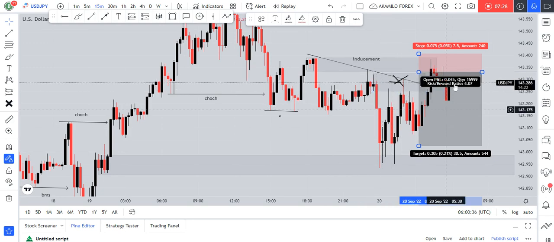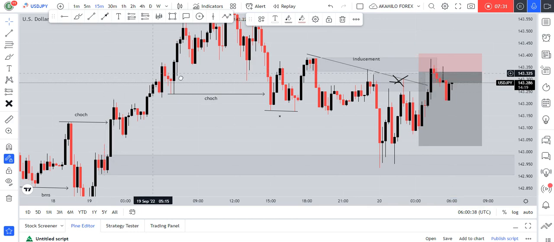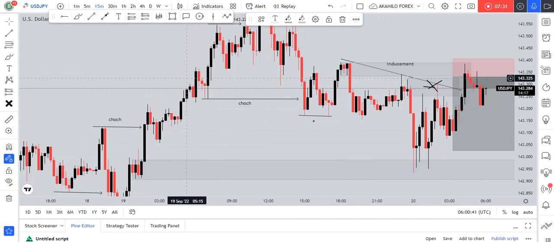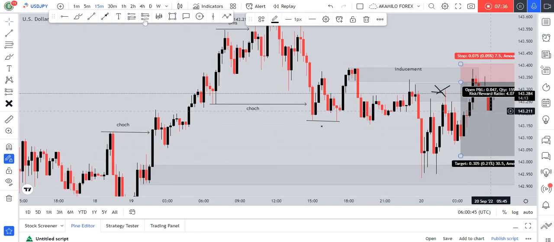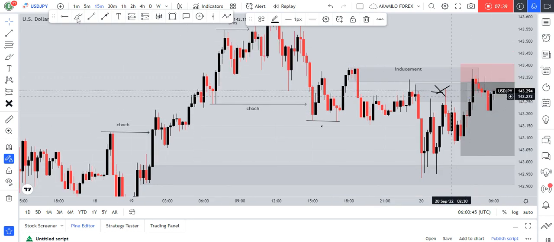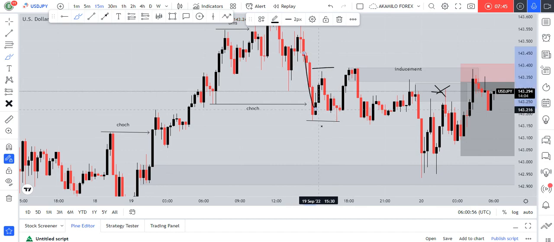So guys, let's move on to see another way to identify inducement. In this particular one, I'm not going to talk about entries. Here we also have an inducement leg. When price moves to the downside, price creates this inducement leg.